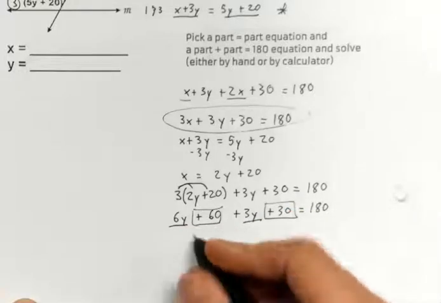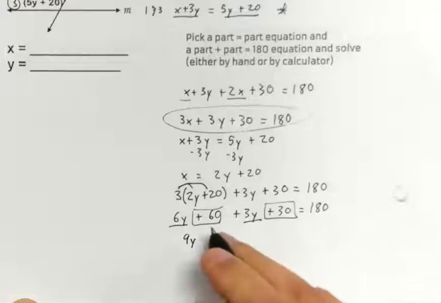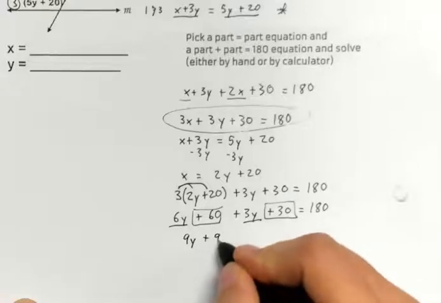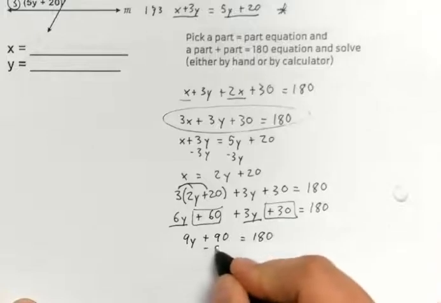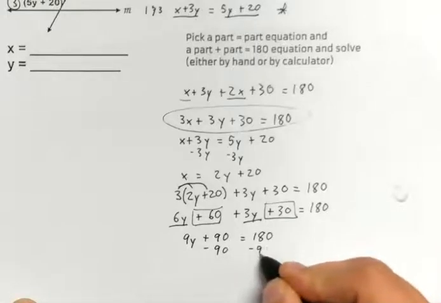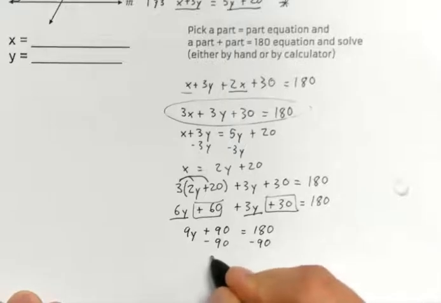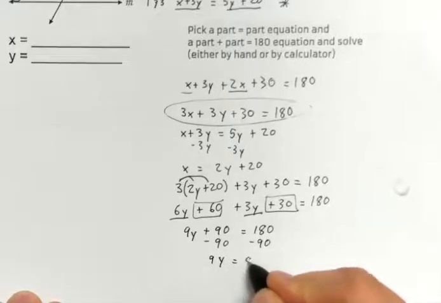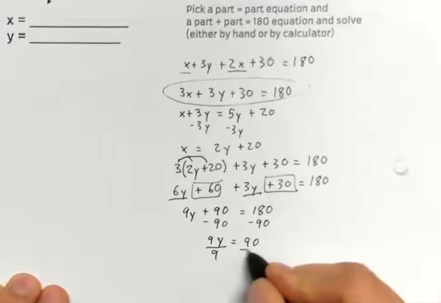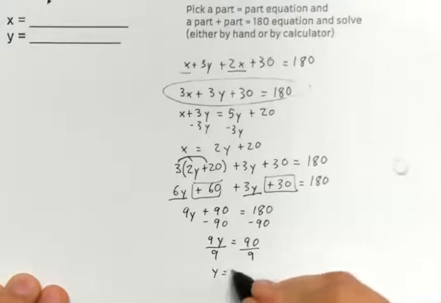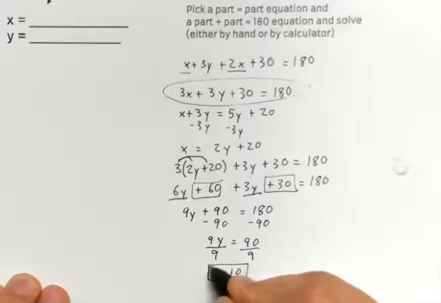So 6y plus 3y is 9y, 30 plus 60 is 90, and on the other side we still just have 180. Move this 90 to the other side, and I get 9y is equal to 90. So divide both sides by 9, and I get y is equal to 10. So that's my y.